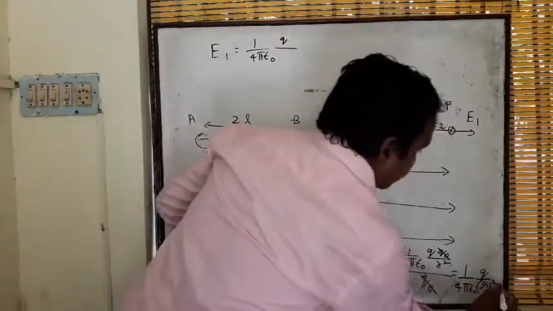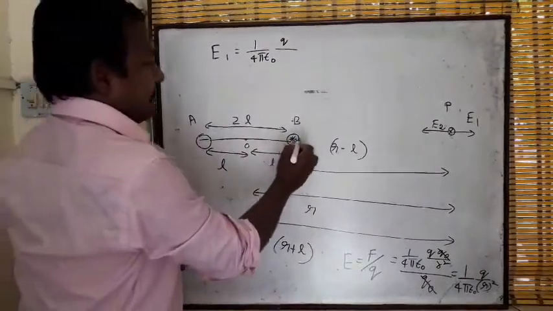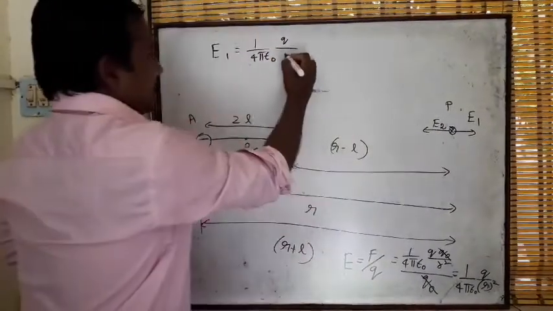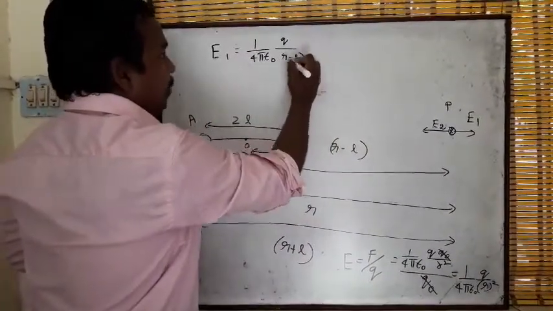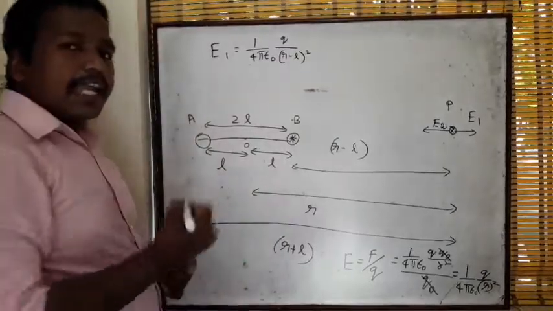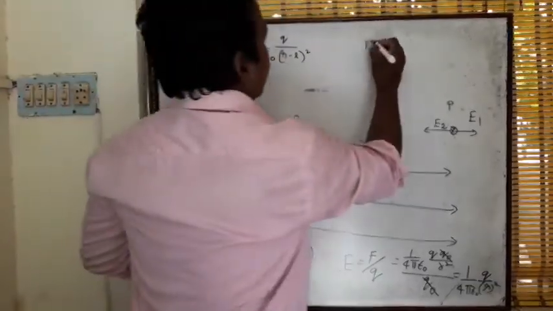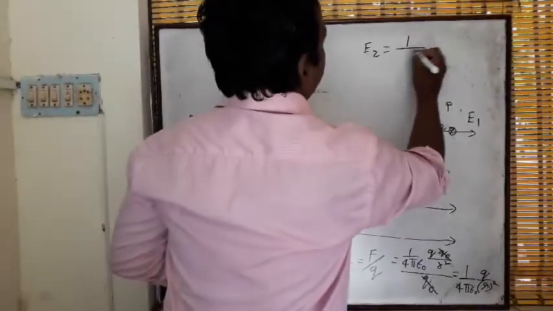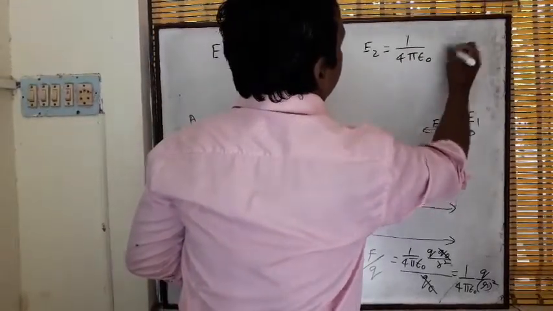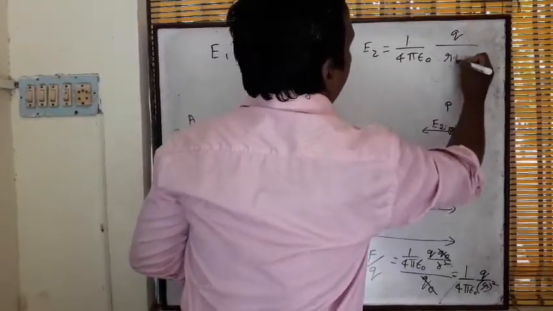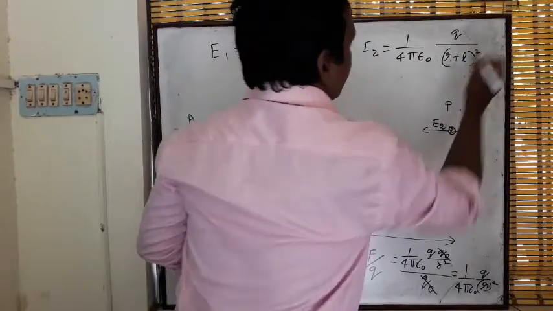So R square is the distance from here to here, R minus L whole square. Again, what is E2? E2 is equal to 1 divided by 4 pi epsilon naught, Q divided by R plus L whole square.